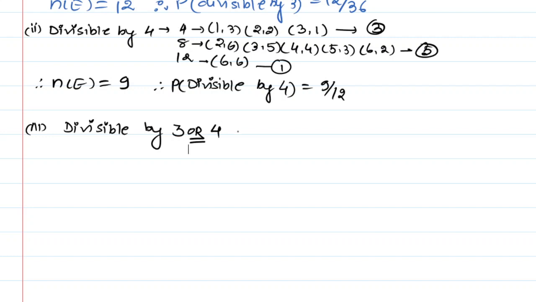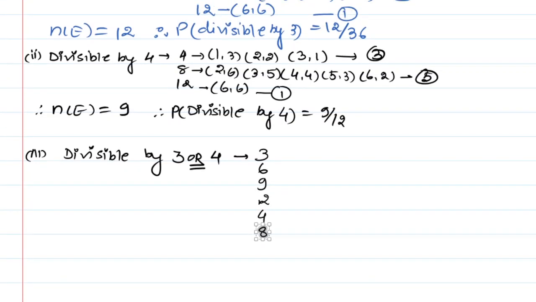So what are the numbers which are divisible by 3 or 4, or what is the common number between the two? I have only 12 which is common, means it is divisible by 3 also and it is divisible by 4 also, which is to be written only once. So let's write down. It's 3, 6, 9, 12, 4 and 8.